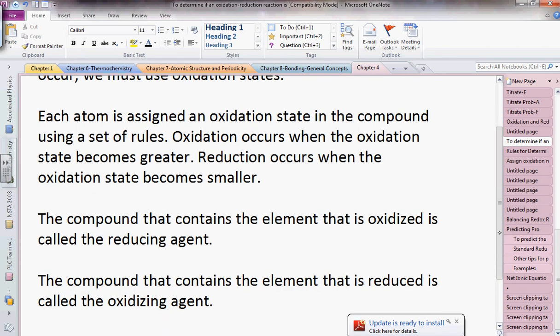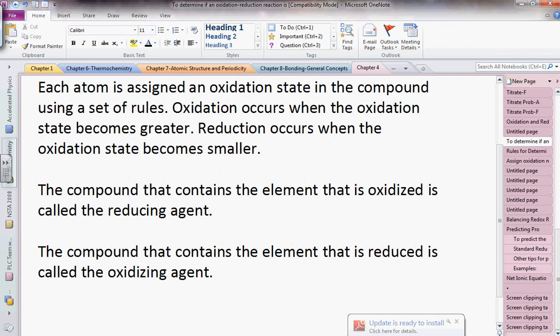Some terms that we use are reducing agent and oxidizing agent. A reducing agent in a reaction is the atom that reduces some other atom, which means that the atom doing the reduction is itself oxidized. So the oxidized atom, or the compound that the atom is in, is called the reducing agent.